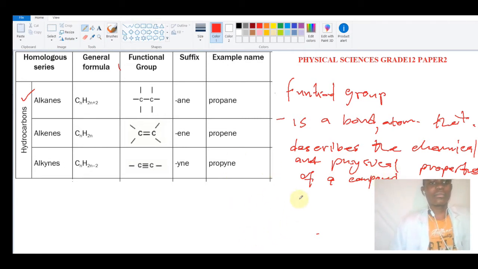You know that I'm using the term compound. Here we are dealing with organic compounds. You must know when I'm using the word compound, I'm saying organic compounds, because we are dealing with organic compounds today. So I've just defined a functional group now.